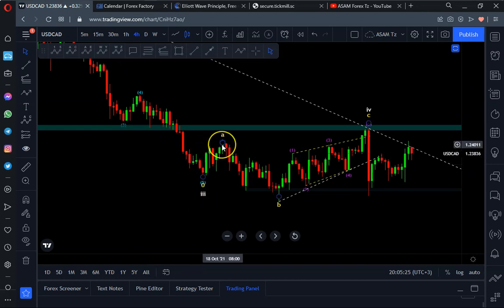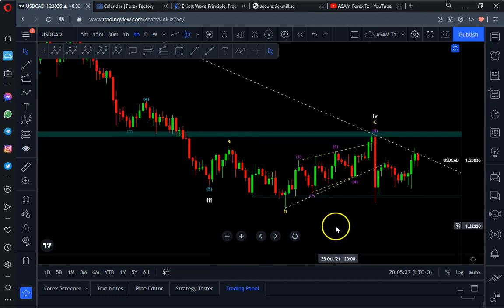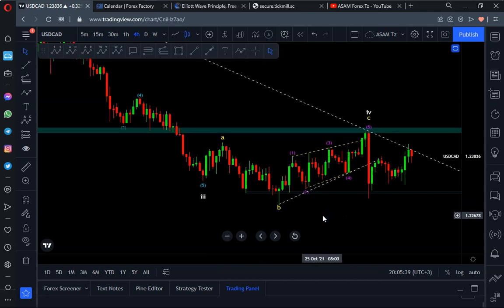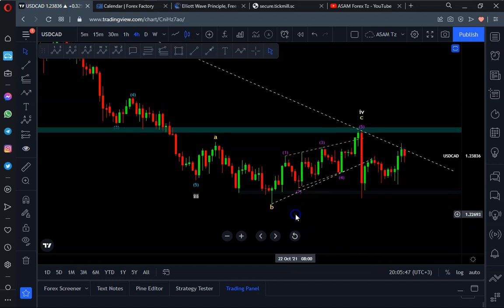Then this ABC to the upside, this was the first move, A. Then the ABC to the downside, this was wave B. Basically, because this wave B broke the low of this wave A, this was an expanding thing. In terms of flat, we actually call this an expanding flat, because we have alternative counts whereby this can be considered in a different wave structure, I mean a different pattern.